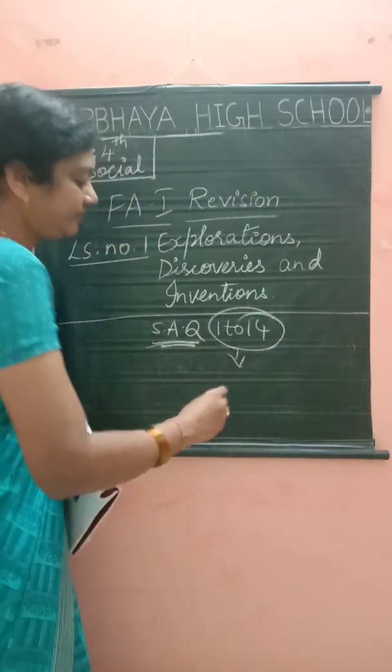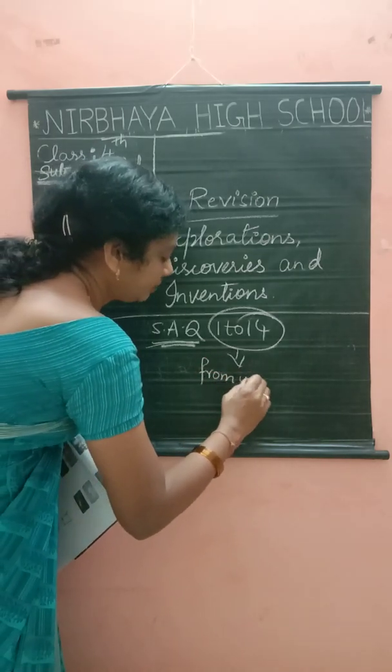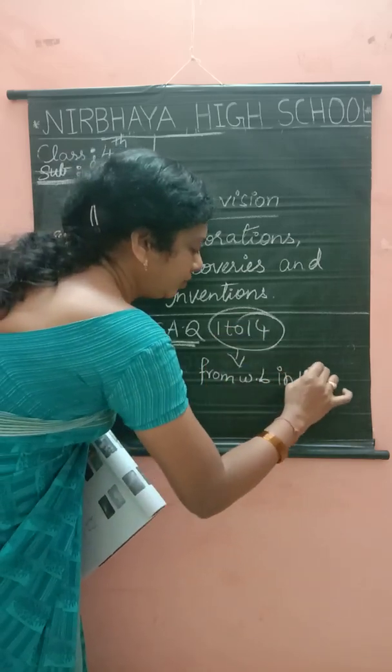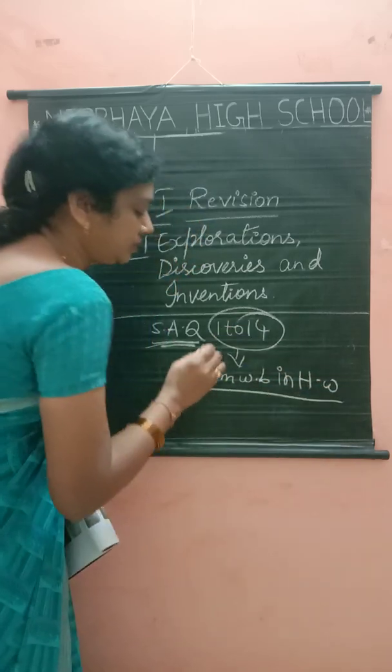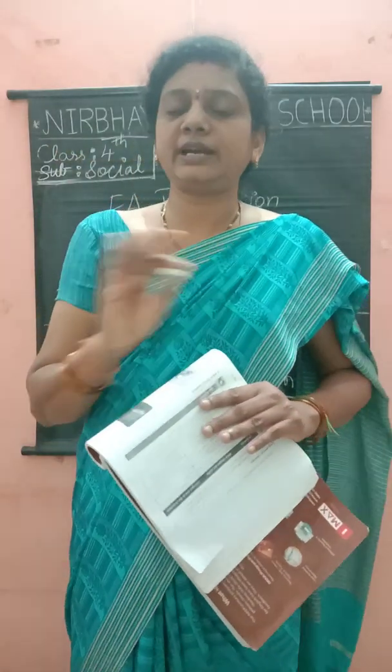You have to write from the workbook. Like a ST you have to write in homework. Don't just copy by seeing and writing. No, don't write like that. You have to write like a ST.